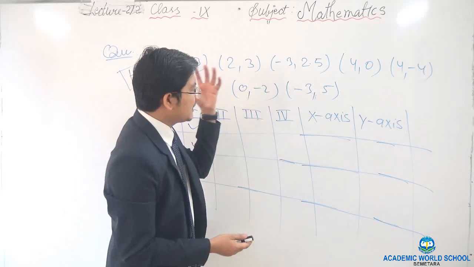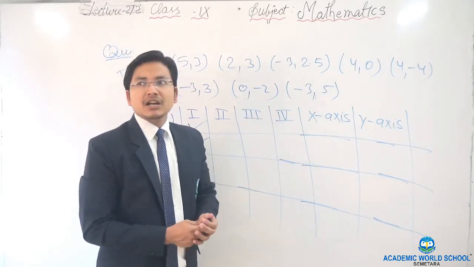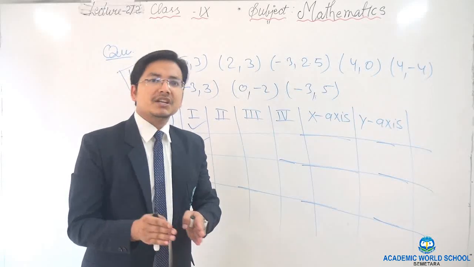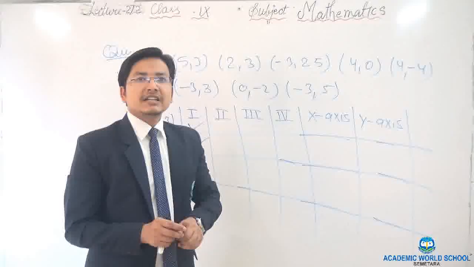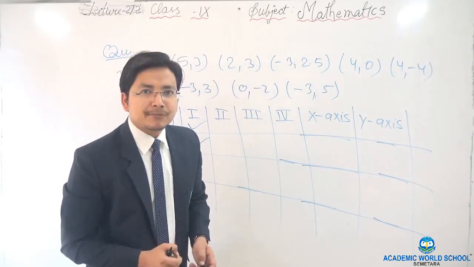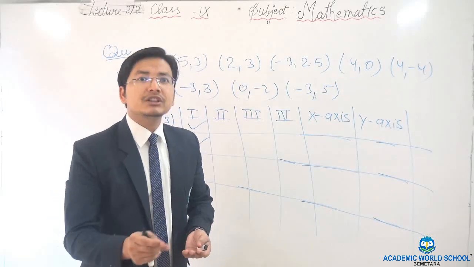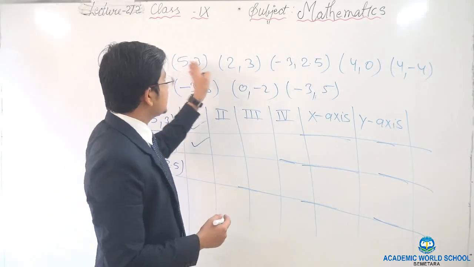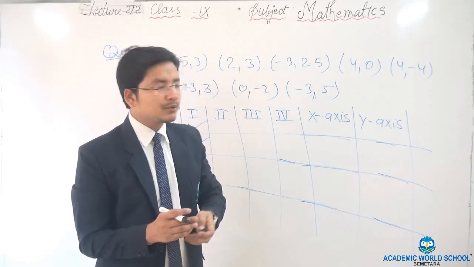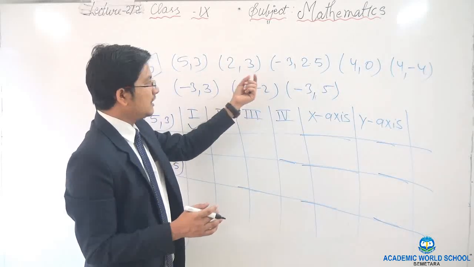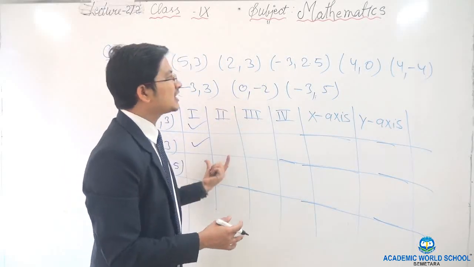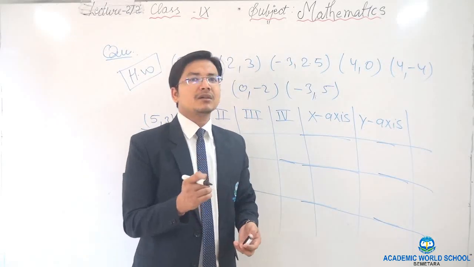On the basis of this chapter, we will be solving chapter number 4, linear equation in one variable, because in that chapter we have to draw a line with the help of these points. If we are able to draw the points on the graph, then we simply have to join them. So this is the basis of chapter number 4.